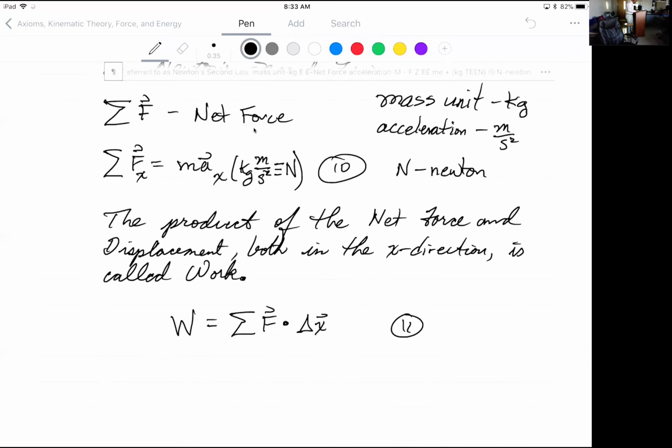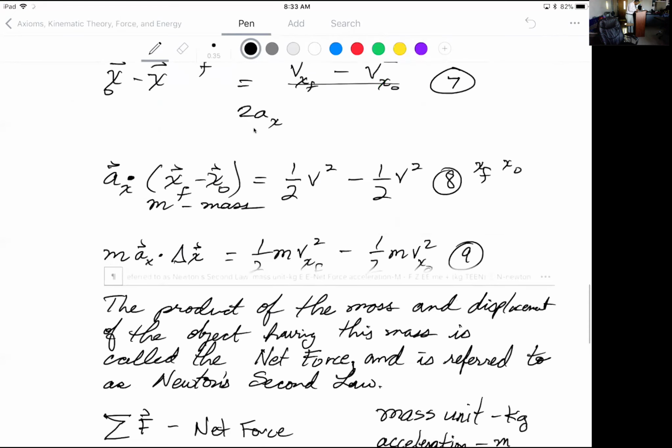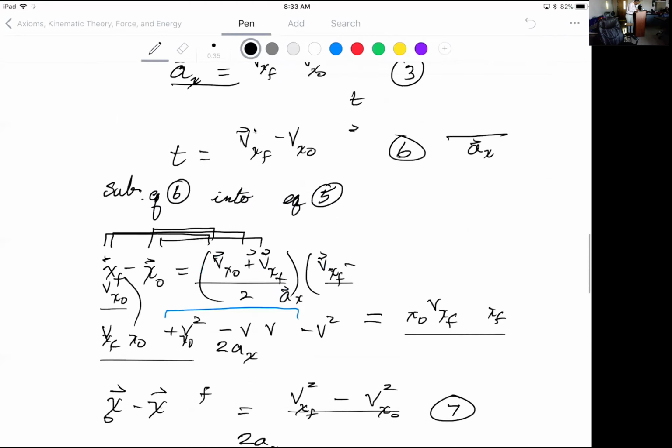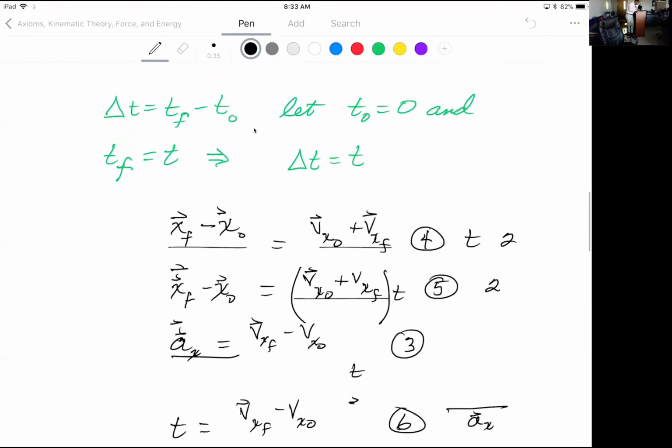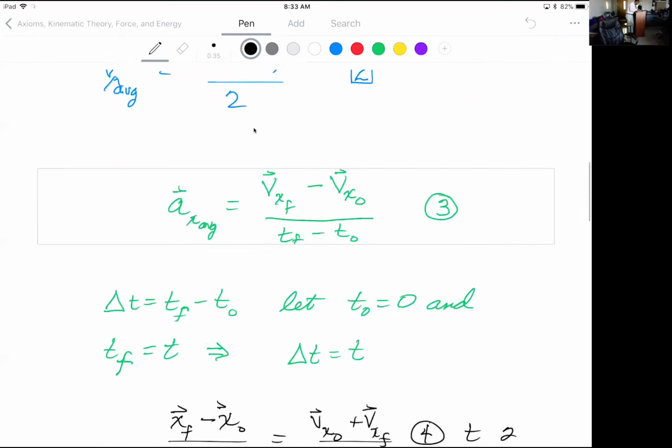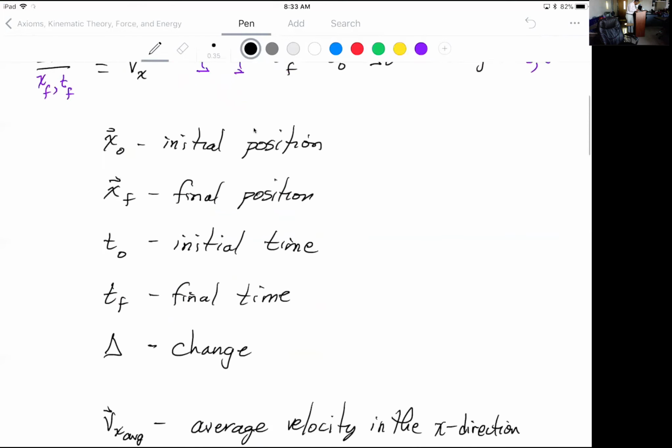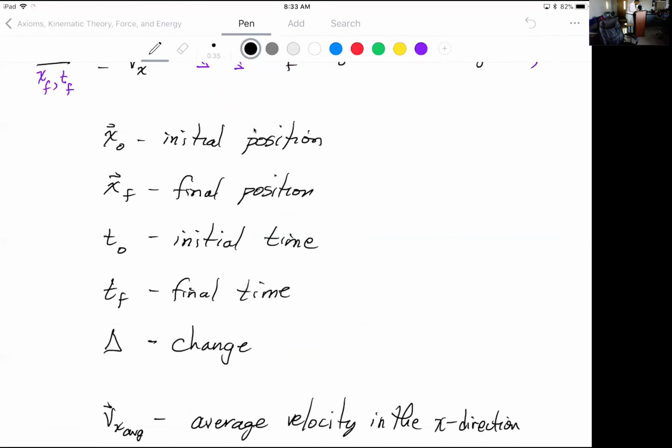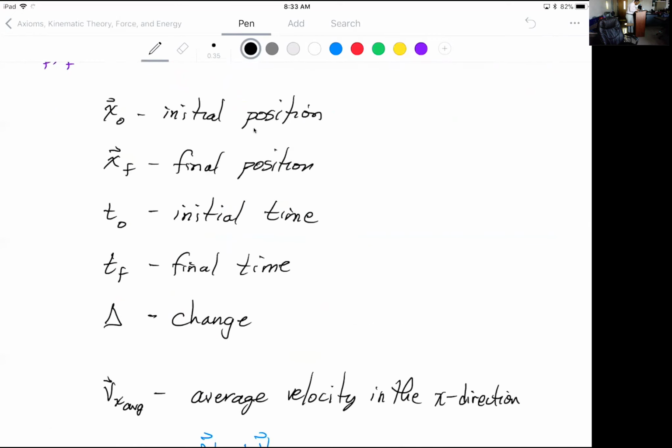Do you guys know the units for displacement? Yep, what are the units for displacement? I go way up here. See this X and this XF, what are the units for position? Very good.